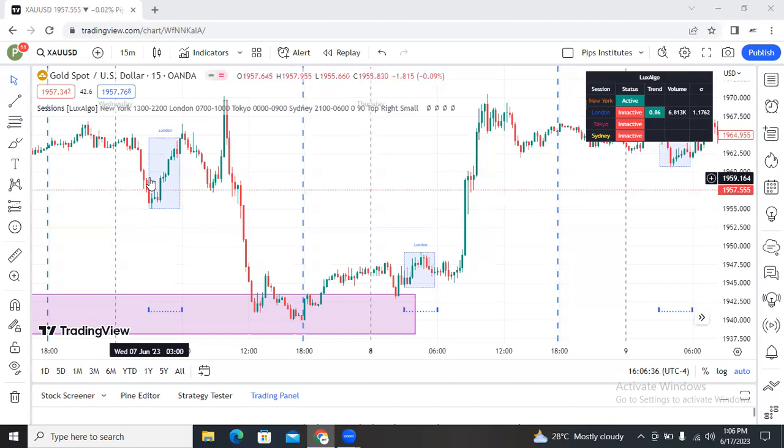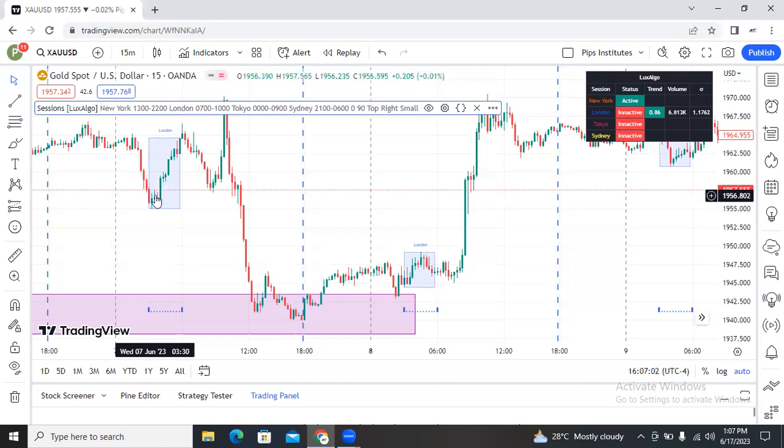You can go as far back as the 1 minute time frame, 3 minute time frame, or 5 minute time frame. But personally, I prefer to use the 5 minute time frame. So you can use any time frame lower than the 15-minute time frame. You can use 1 minute, 3 minutes, or 5 minutes. Then you want to go back down, because what is going to signify that you are already at the low of the day or the high of the day is when there is a change of character or a market structure shift.